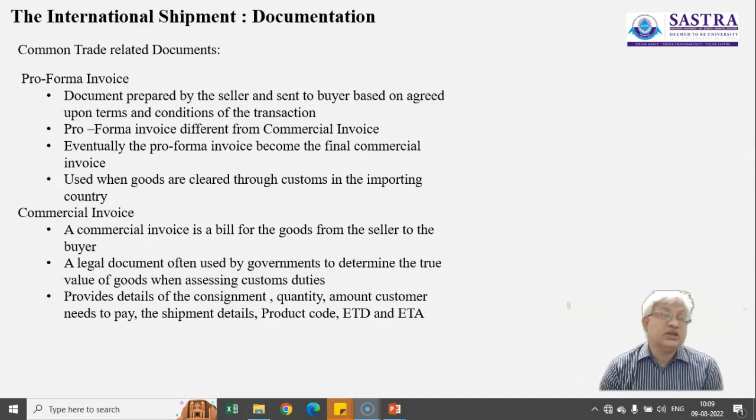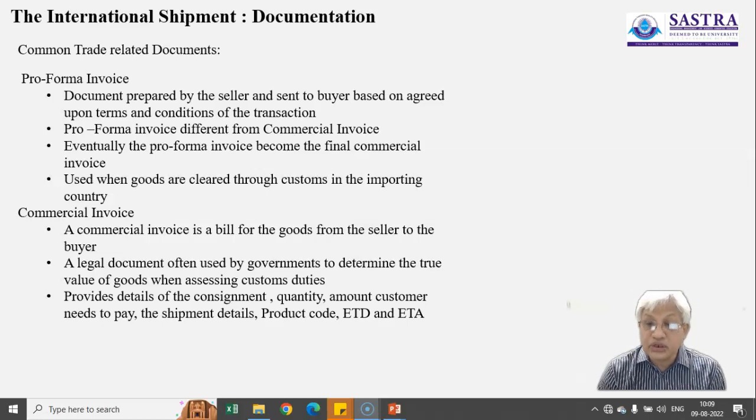As I just informed you, a commercial invoice is an invoice prepared by the supplier when the goods are ready to be shipped. It plays a very important, dual role. Commercial invoices are always to be submitted to the important authorities in the origin country.